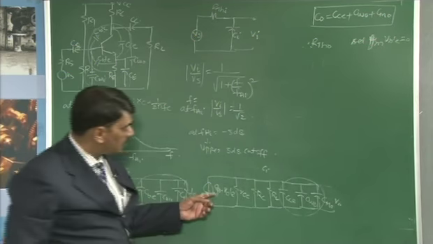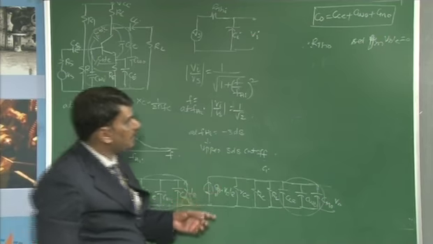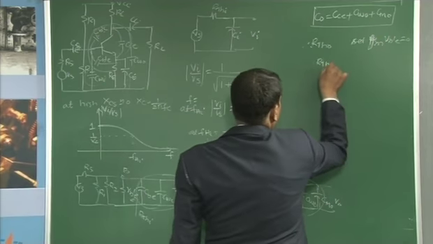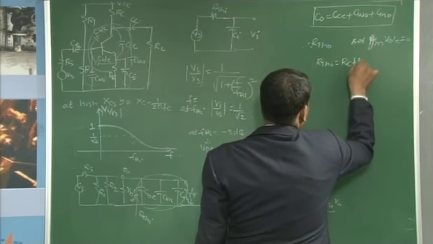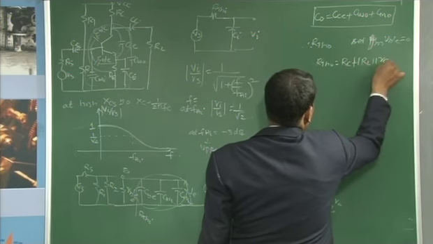When this current source is equal to 0, it acts as an open circuit, then RTH naught is defined as the parallel combination of RC with RL.